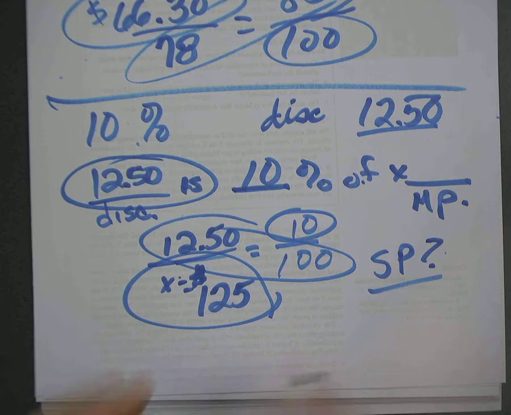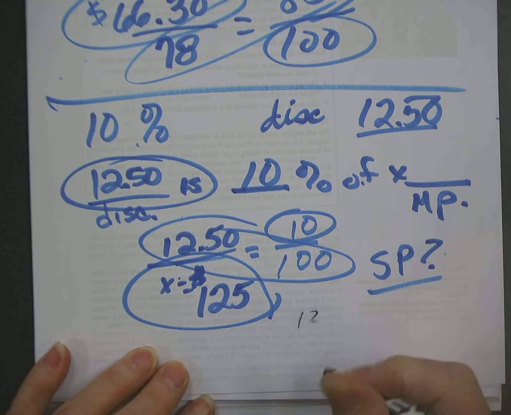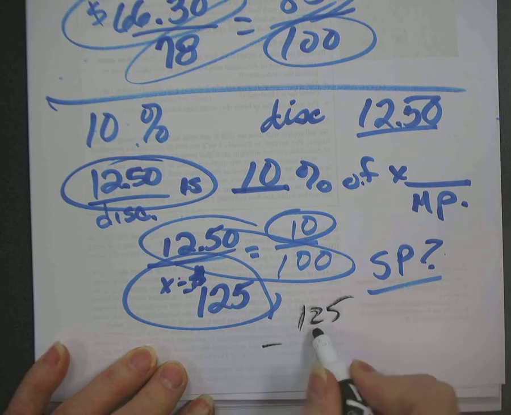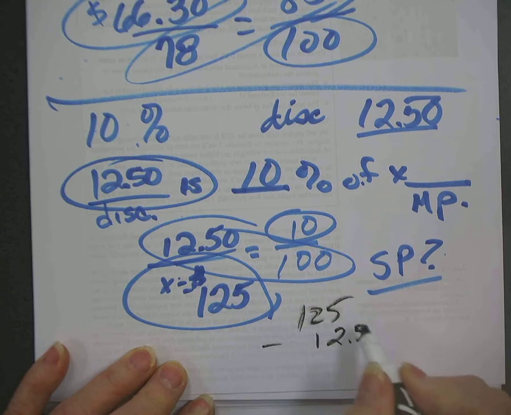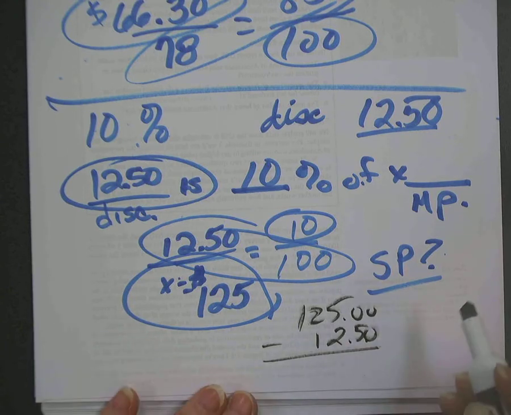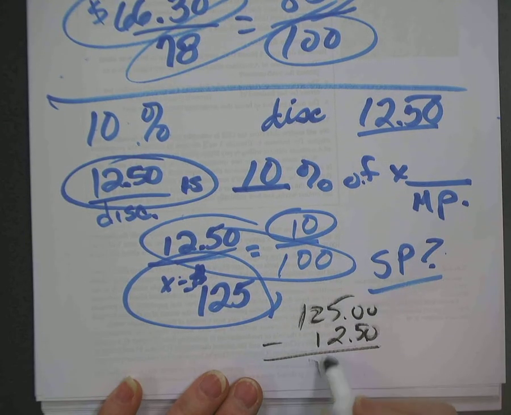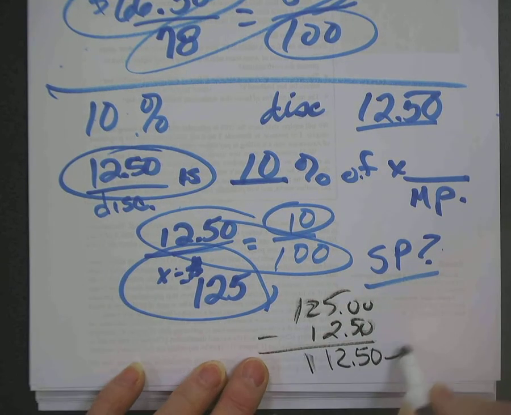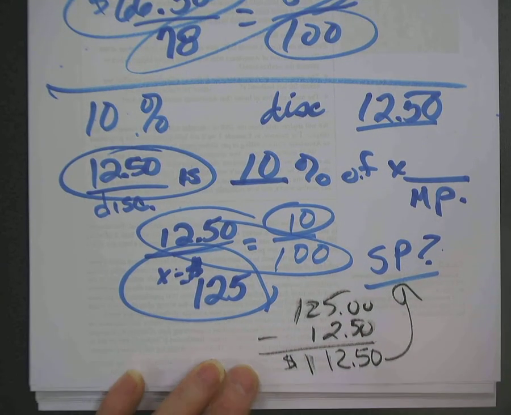So we got 125 minus 12.50. And so the sale price is what? 112.50. Sorry, it's not writing well. So that's your sale price.